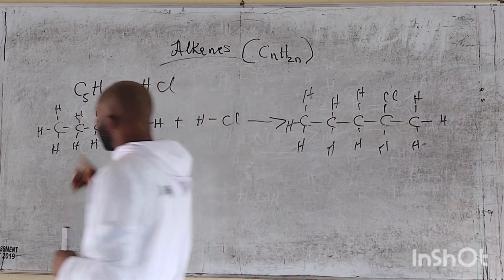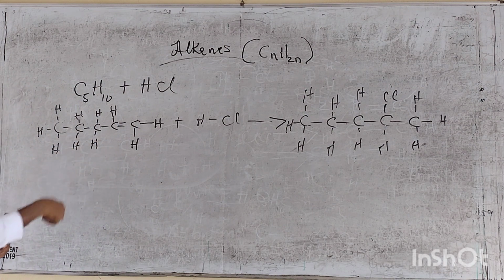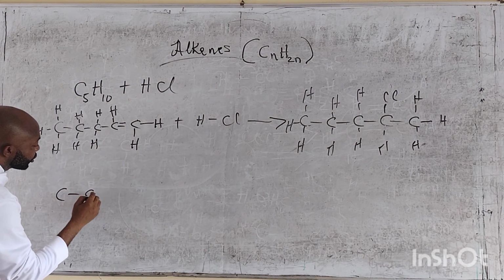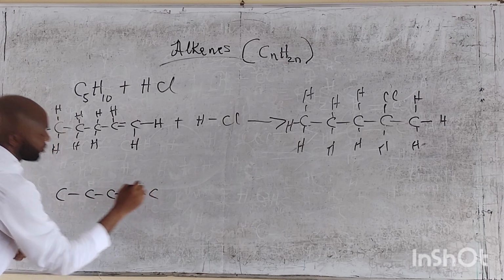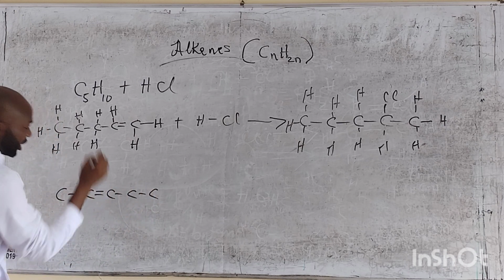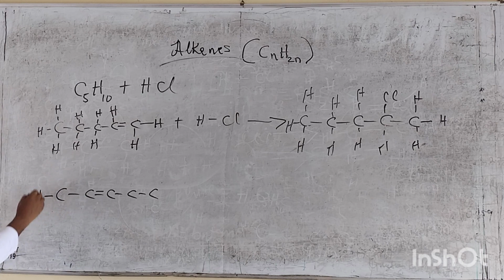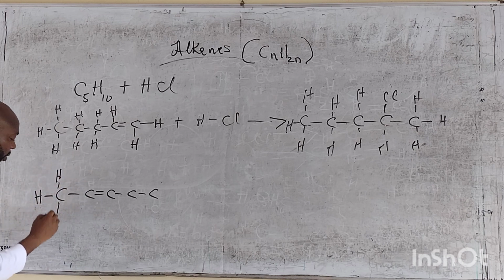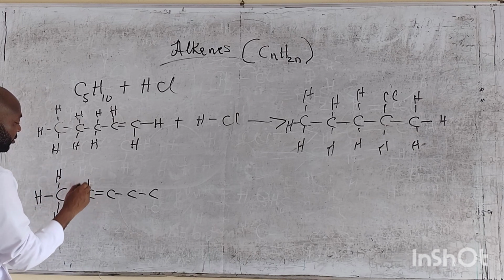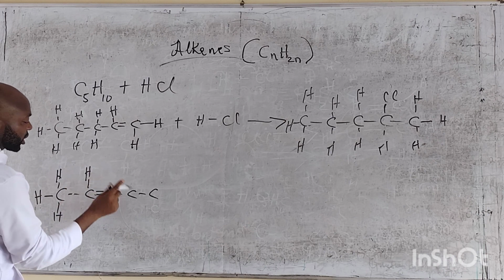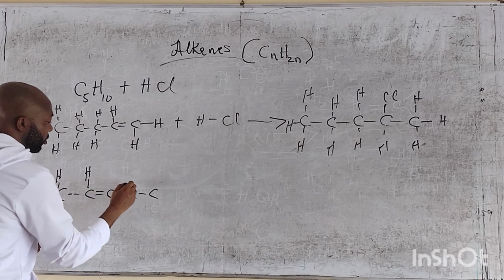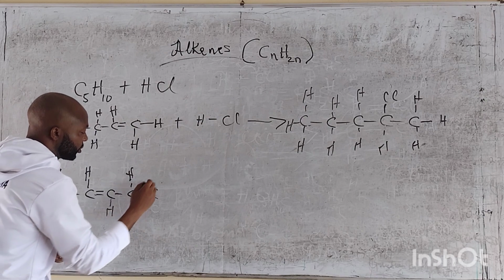In that case, let's see the same kind of reaction, but differently. So if I have my 1, 2, 3, 4, 5, I'll have my double bond here now. My hydrogens, 1, 2, 3, 1, 2, 3, 4, 1, 2, 3, 4, 1, 2, 3.